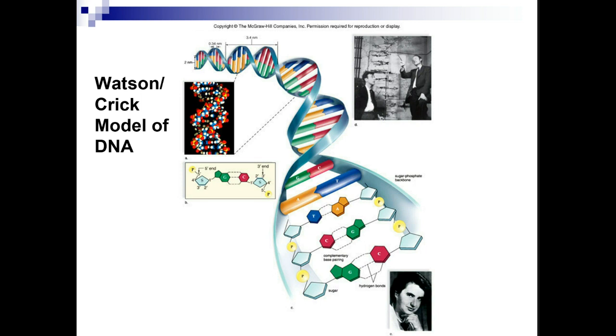However, it was James Watson and Francis Crick that actually combined the X-ray data with bonding theory to deduce the final structure of DNA. Watson and Crick proposed that DNA is a single strand of polymers called nucleotides, and that you have two of these strands wrapped around each other in the form of a helix.